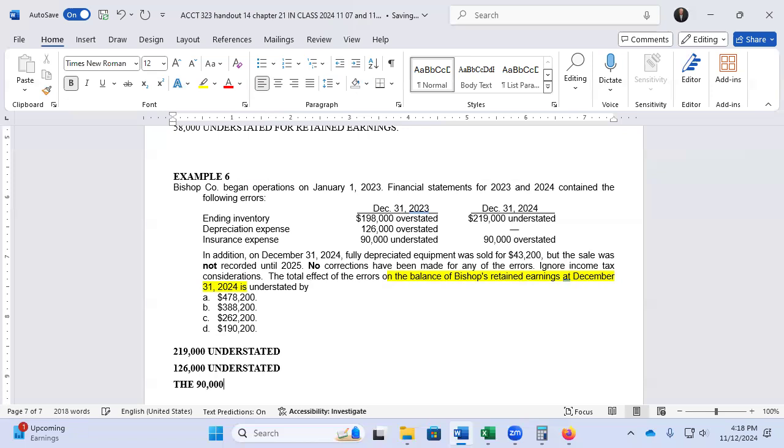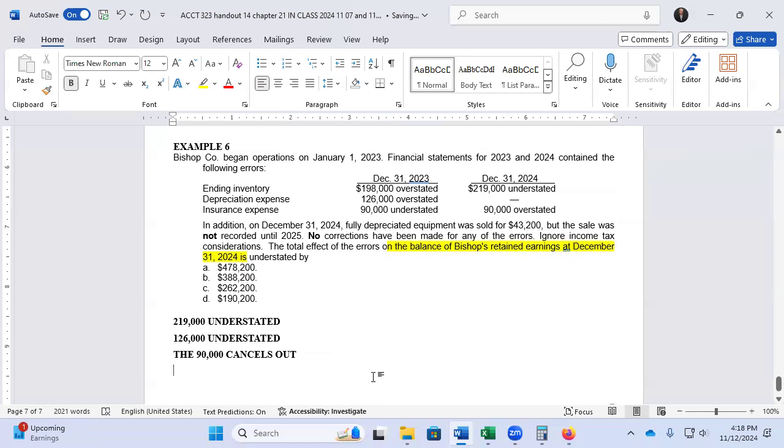The 90,000 cancels out. And you have to add the gain, which understates 43,200. And so what you end up with here is 388,200.